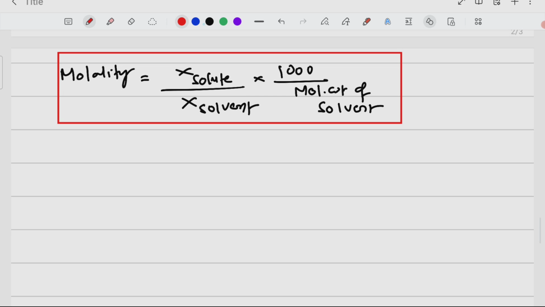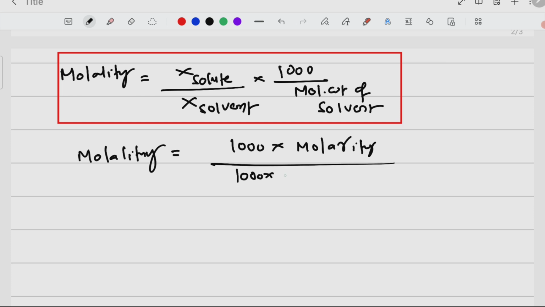Next interconversion formula: molality is equal to 1000 into molarity, remember it is molarity, by 1000 into density of solution minus molarity into molar mass of solute, or you can say molecular weight of solute.